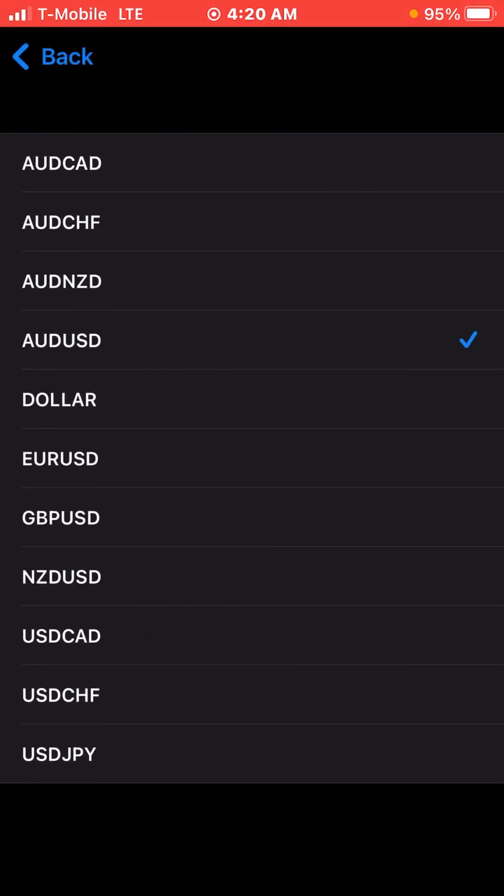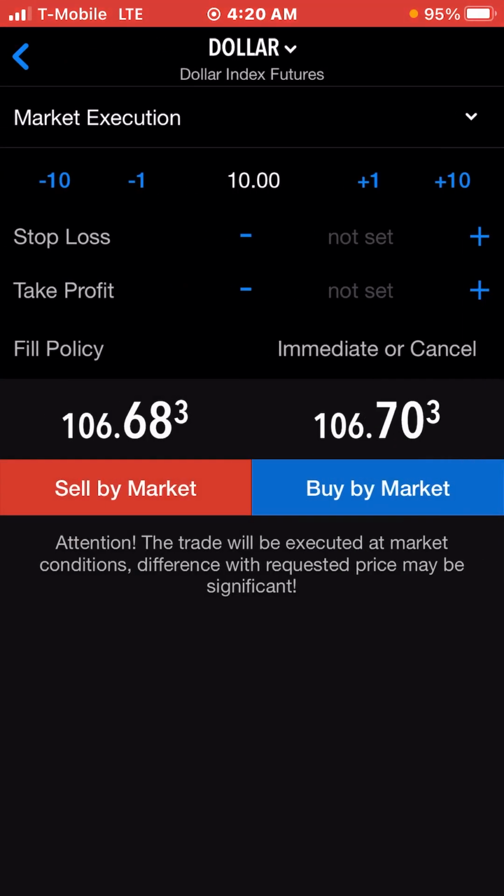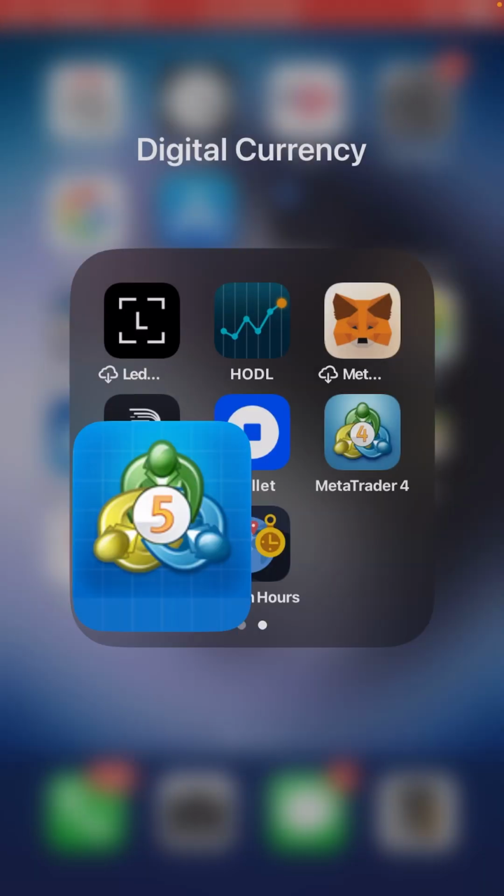You can see I have it right here. Now you can trade the dollar depending on what happens. Basically, if crypto is going down, the dollar is probably going to go up, and if Bitcoin is going up, the dollar is going to go down. We can see that it's not moving right now. We just have to wait for 2 or 3 o'clock.